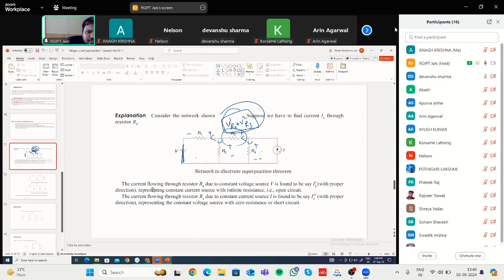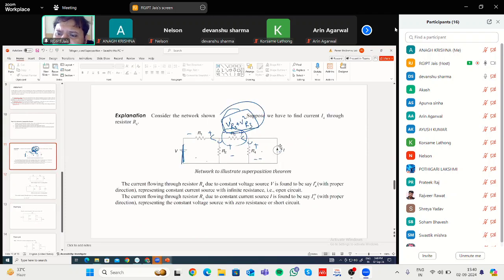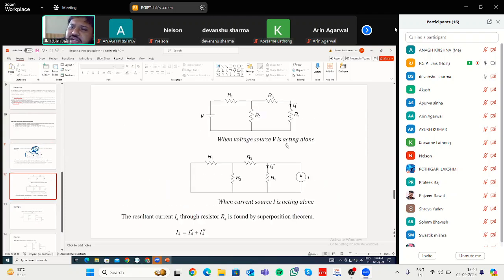In the first case, they have replaced the current source with an open circuit. Now they are trying to find the current flowing through R4, let us say I4 dash. How can we find I4 dash?